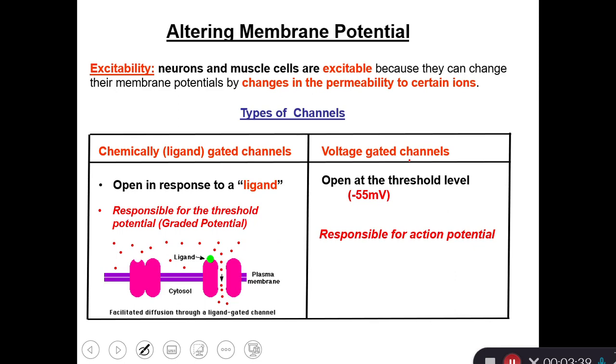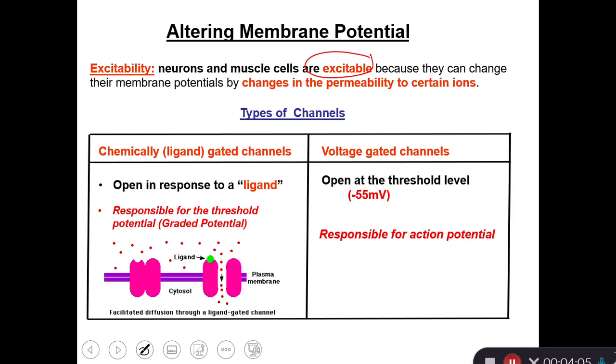The cell membrane is excitable, meaning that the cell membrane is able to change potentials by changing the permeability to certain ions, by allowing positively or negatively charged ions to enter or exit the cell. We have two types of channels.